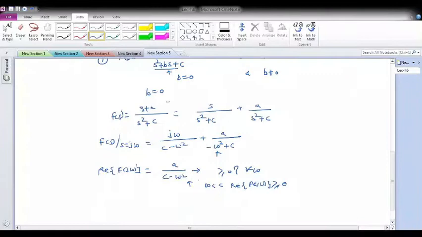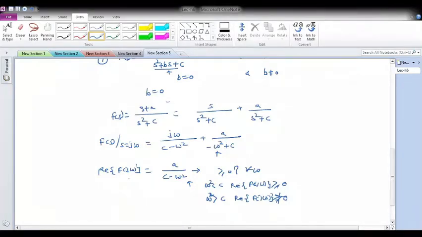But what will happen when omega is greater than c? When omega square is greater than c, what will happen? The real part of f of j omega will not satisfy this; this is not correct. So this f will not be PR.